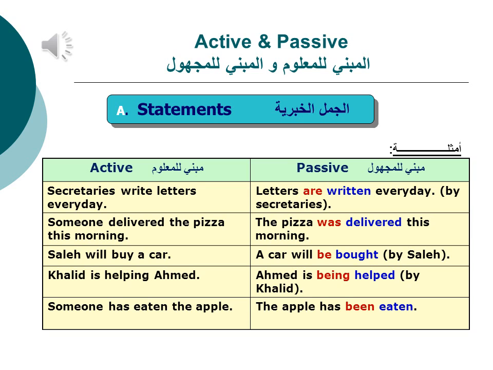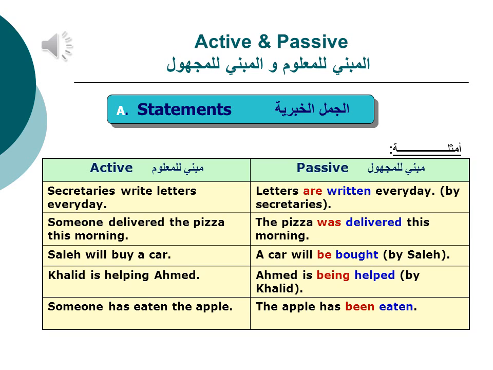This rule is applied for all helping verbs. We then add the past participle for buy, which is bought. So the passive sentence becomes a car will be bought if you want to add by Saleh, if it is necessary to add by.